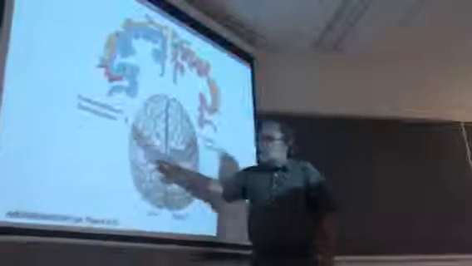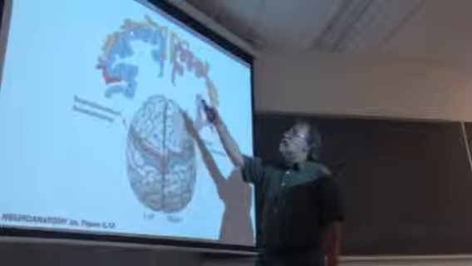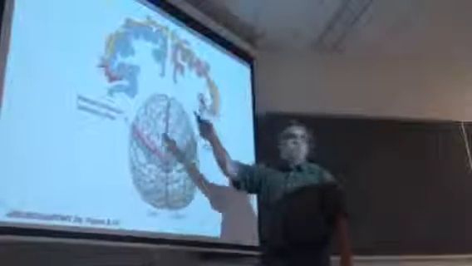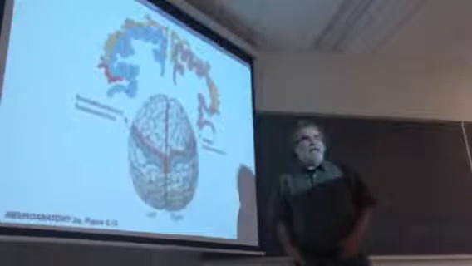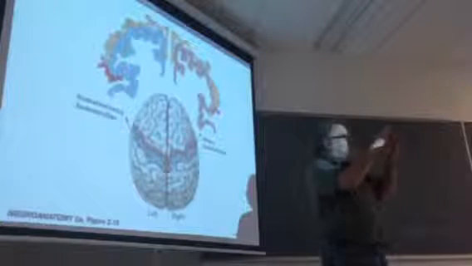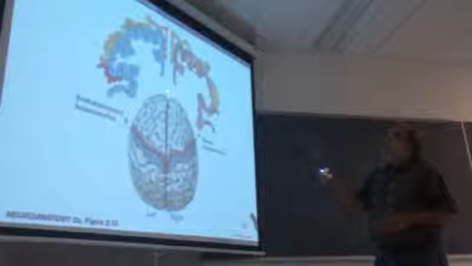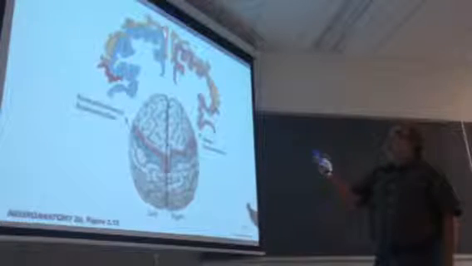This is the superior aspect. What you see here is this. Okay? Now, this continues, right, in there. So as we pull it apart, it wraps around. So this is that central sulcus.